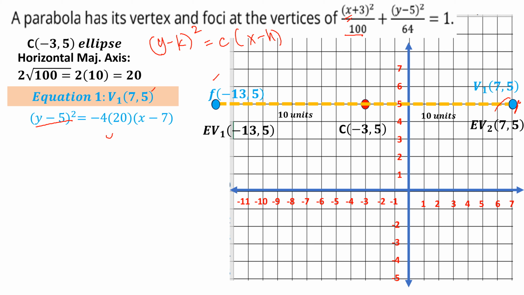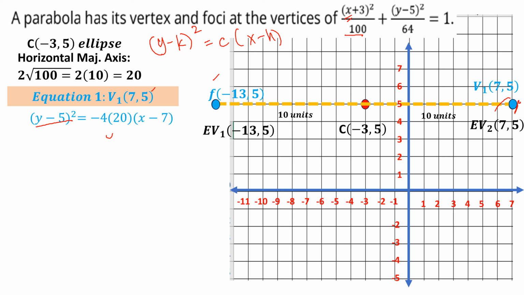Why do we have a negative 4? Because in getting the constant of a parabola to the linear term, we have to multiply by 4, because we know that the focus of the parabola is always the constant divided by 4.